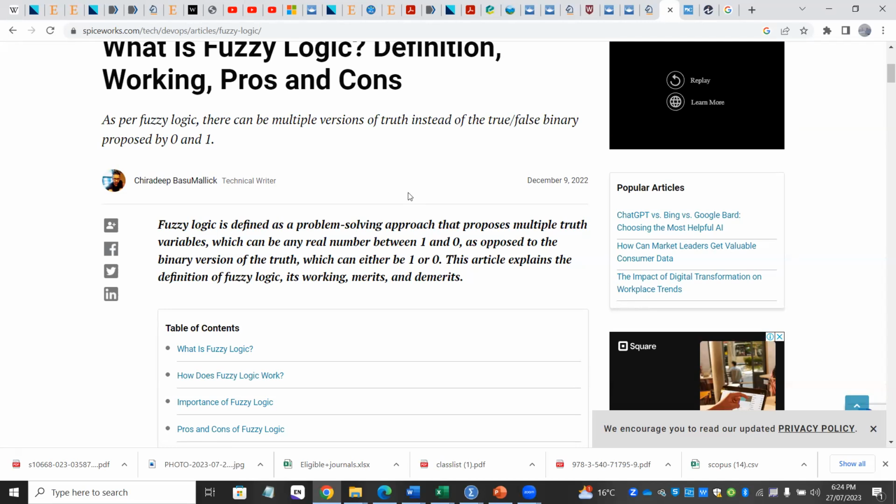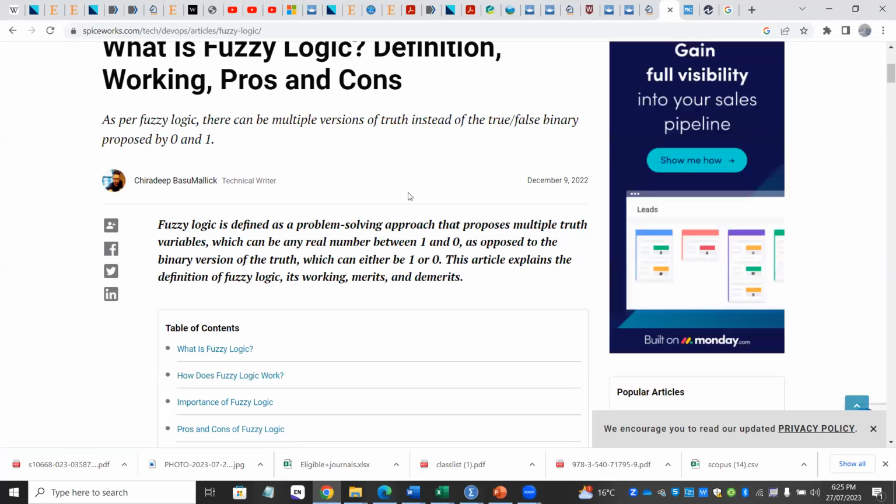The answer is supposed to be yes or no, binary, two responses. Yes, I've eaten. No, I've not eaten. But there are situations where you don't know whether you have eaten or not, or there are genuine reasons where you are stuck in between the yes and the no.